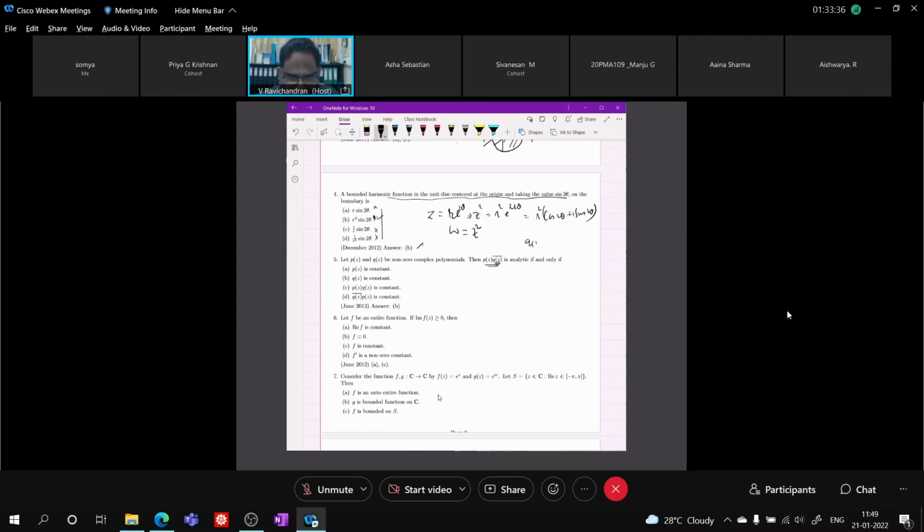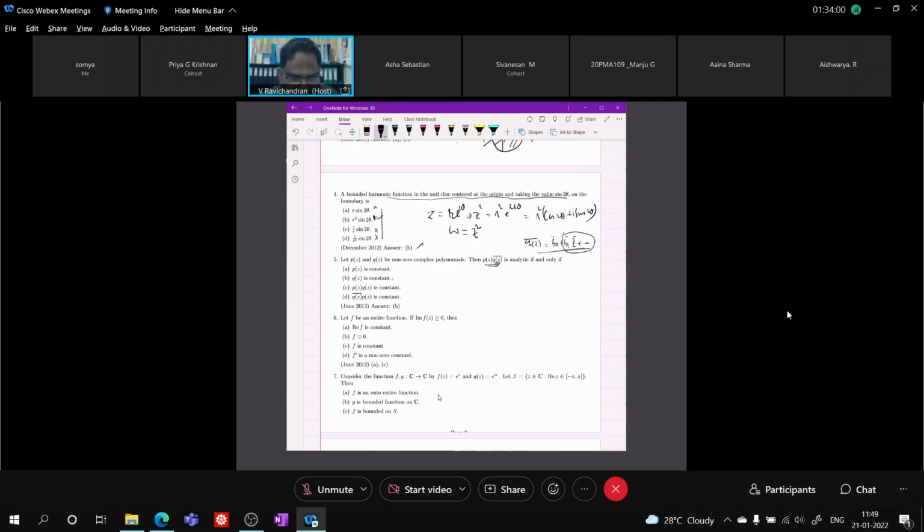If Q of z is the polynomial, it will be something like b0 plus b1 z plus etc., and the conjugate will come for everything. And if it is supposed to be independent, then all the other coefficients should be 0. So Q bar should be a constant polynomial.